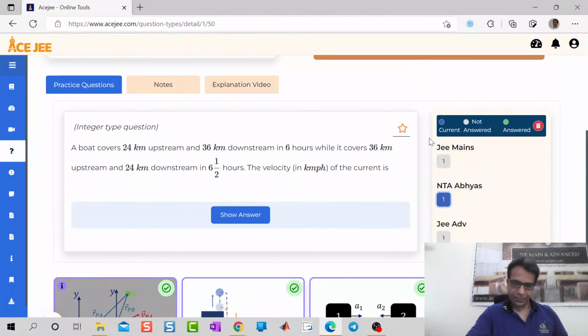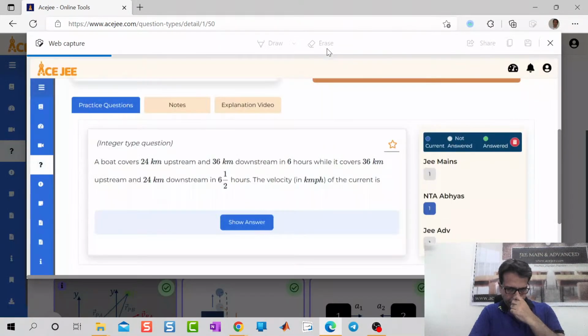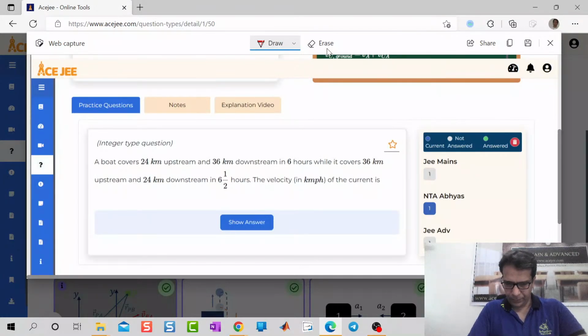Let's give it an attempt. So upstream is in the opposite direction to the travel of the water, right?